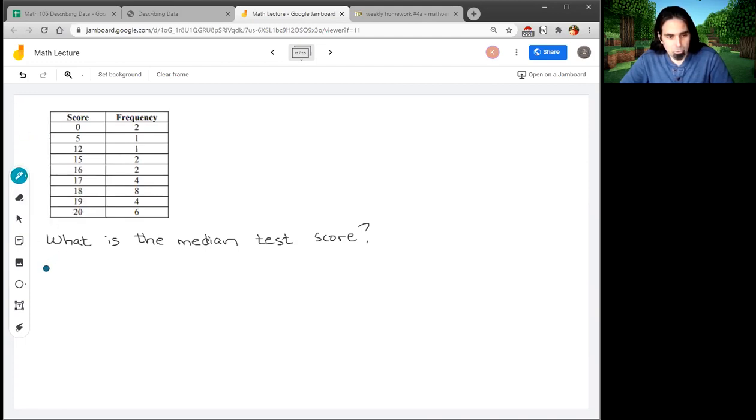We have 2 zeros, and remember we're keeping everything but skipping over the ones that are really small or big. We have 1 12, 2 15s, 2 16s, 4 17s, 8 18s.